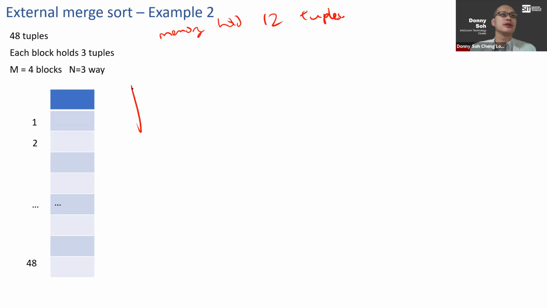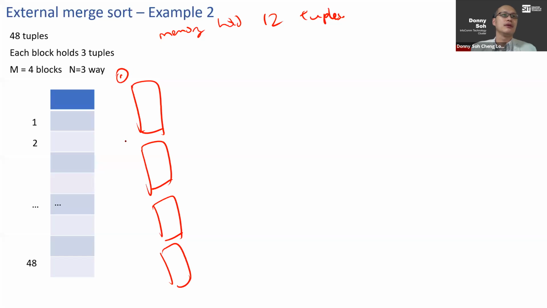And so this will be 4 runs: run 1, run 2, run 3, run 4. So in this scenario, this will be from 1 to 12, 13 to 24, 25 to 36, 37 to 48.